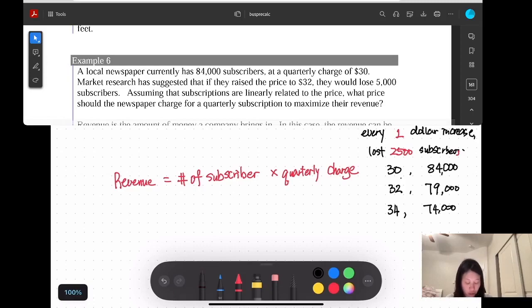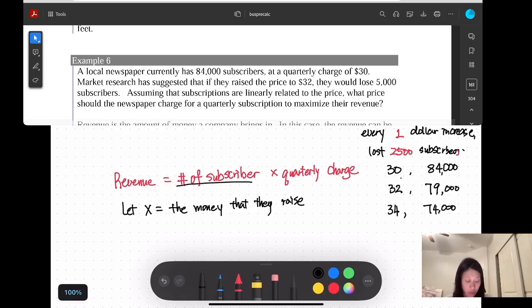Okay, so let's assume x equals the money that the company raised.